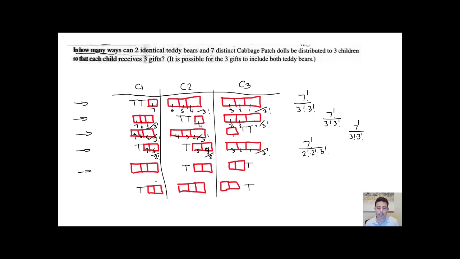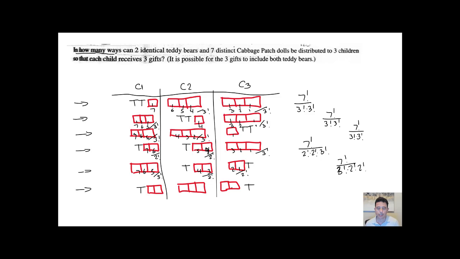Okay, fifth case, 7, 6, 5 divided by 3 factorial, 4, 3 divided by 2 factorial, 2, 1 divided by 2 factorial. So it will be the same thing as the fourth case: 3 factorial, 2 factorial, 2 factorial.